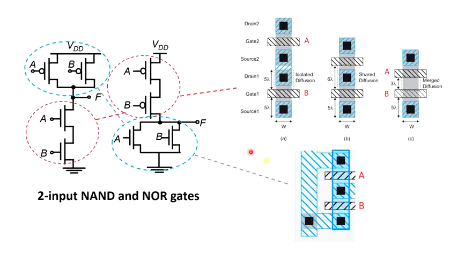For this case, this drain and this drain are shorted, so we can use this type of shared diffusion for these two gates, right? And for the top, this source and this source are connected with VDD.